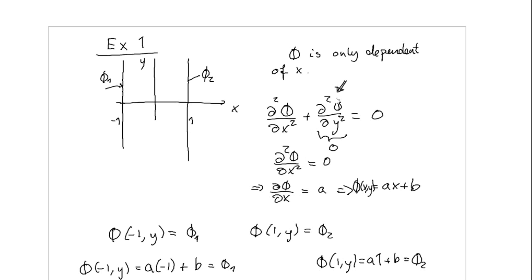This second term vanishes because there is no dependence in the y direction, so certainly the second derivative of phi with respect to y must be equal to 0. Therefore, we only get this trivial equation: the second derivative of phi with respect to x is equal to 0.